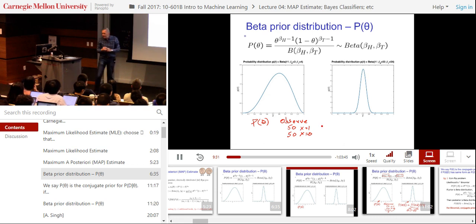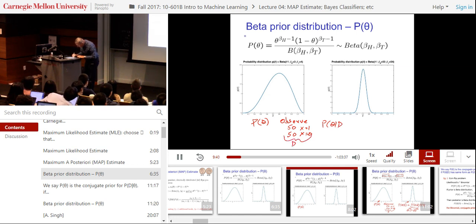Then I want to know the probability of theta given that observed data. This is my observed data here. And as we said, that's proportional to the probability of the data given theta times the probability of theta.